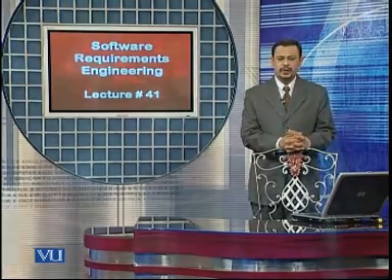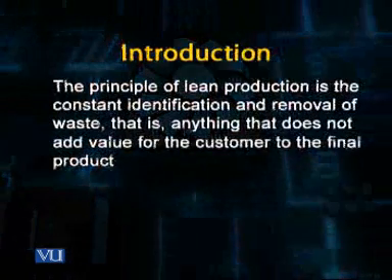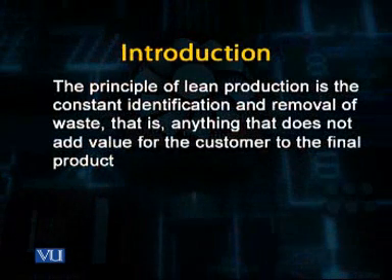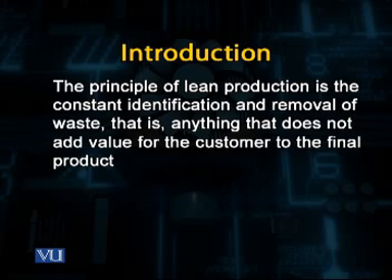But let's concentrate on this concept a little bit deeper. Lean production is constant identification and removal of waste. Waste is something that is not needed by the customer in the final product.